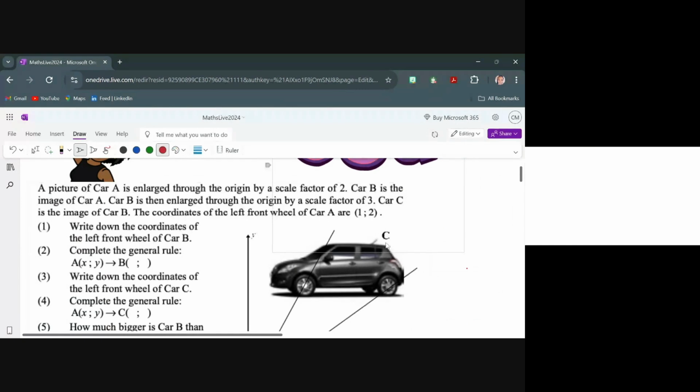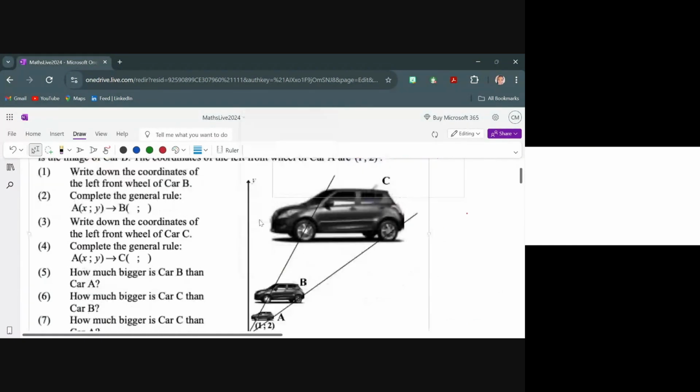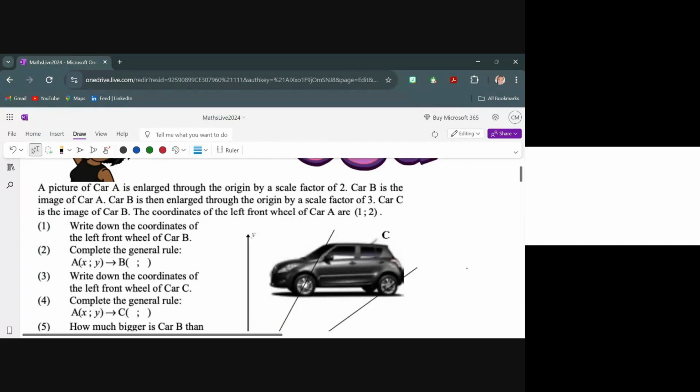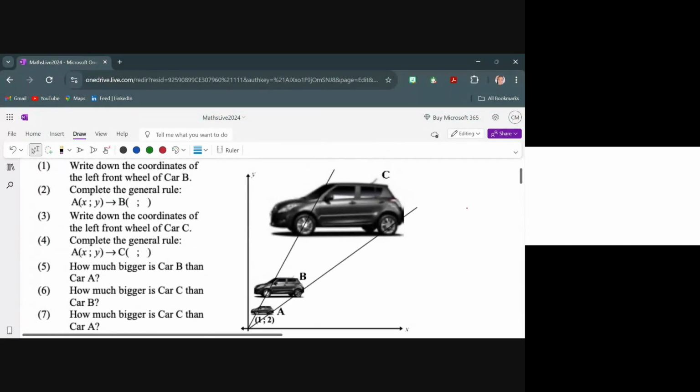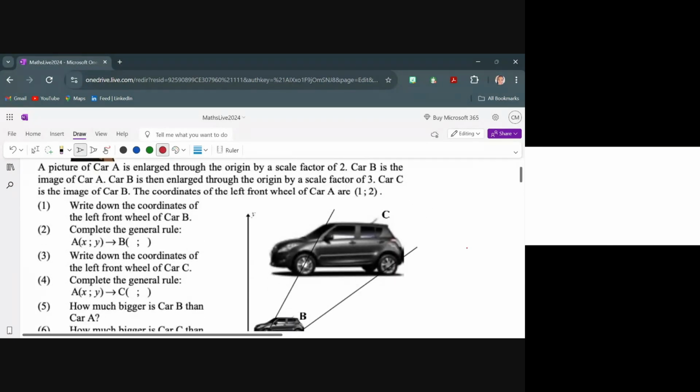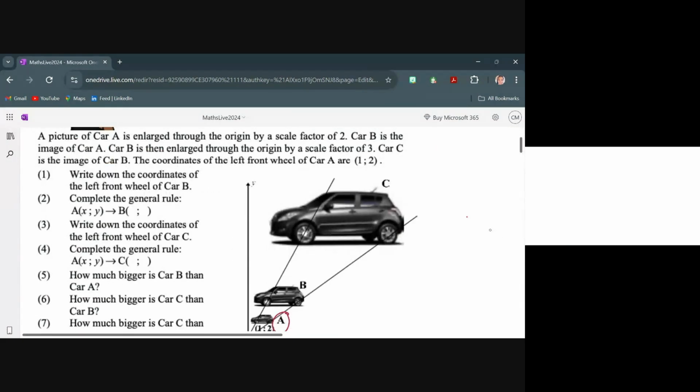Let's set pictures as background so that they don't move. Okay, I'm hoping that they will. All right, so if we look at this car, this tiny little car A down here, there it is. Okay, so the instruction says, maybe let me not toggle this, otherwise it's going to, yeah, all right.